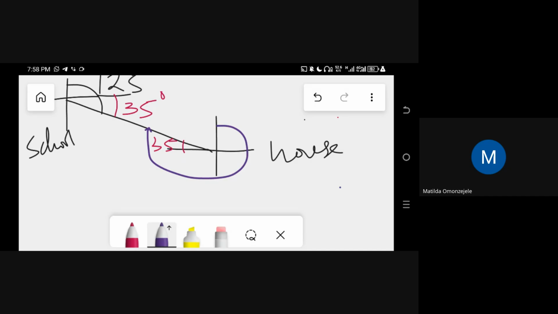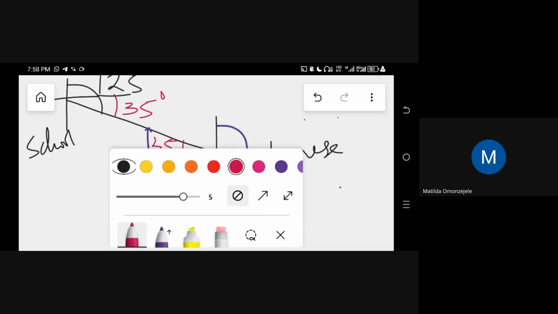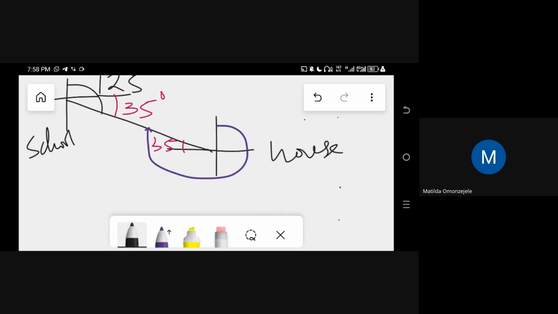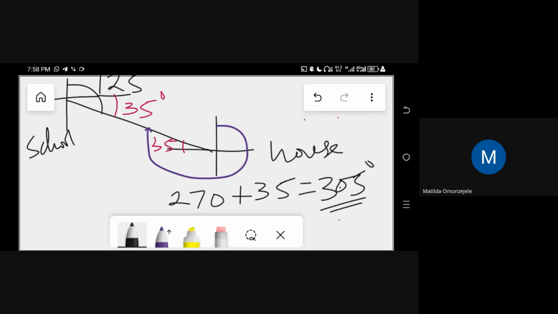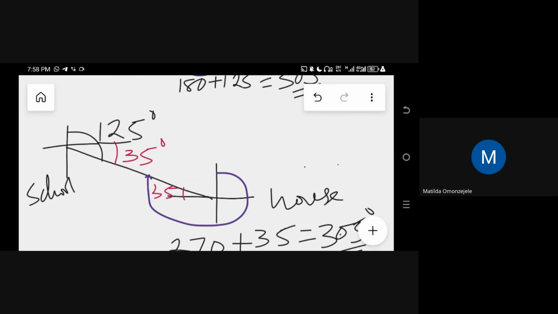So we have 270 from the north to the west, then plus that extra small line labeled in red, 35. So this still gives you 305 degrees.